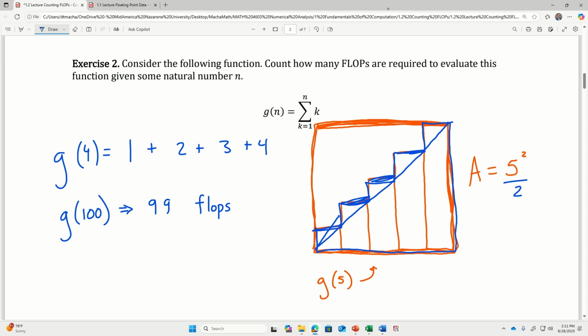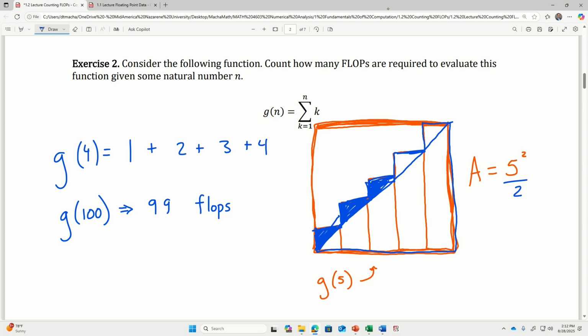And then once I've sliced it and got the triangular part, which is half the area of the square, 5 squared over 2, I need to add back these little bits that poke up above the triangle.